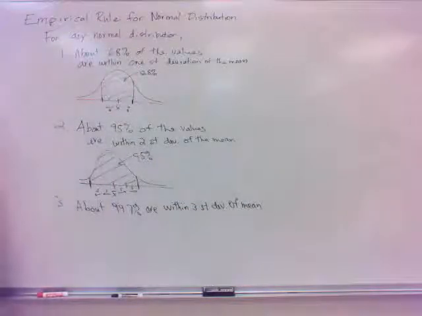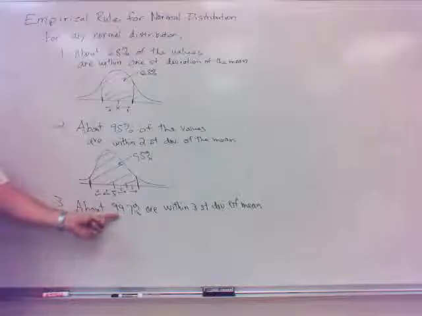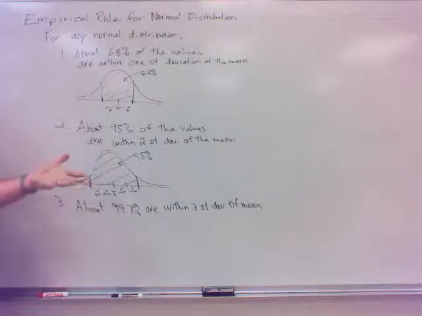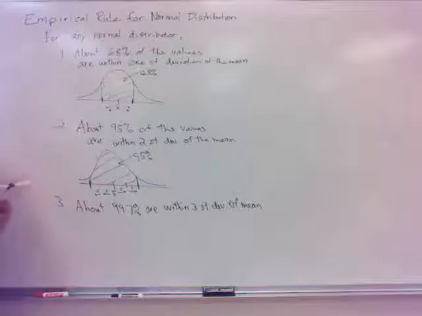So you're going pretty far out there. I mean, 99.7%, that's just about all of them. That doesn't leave too much, does it? 100% is the total. So anyway, within three, you've got 99.7. Okay?